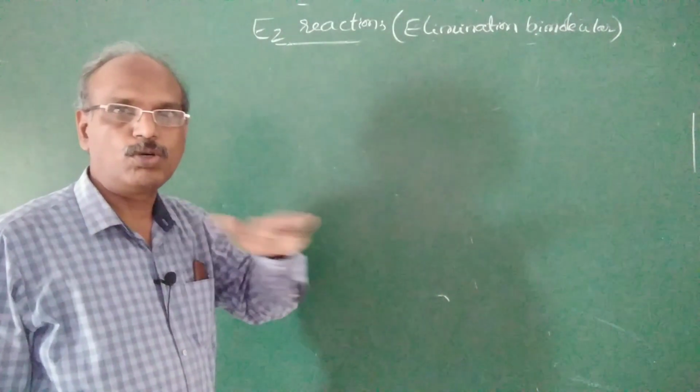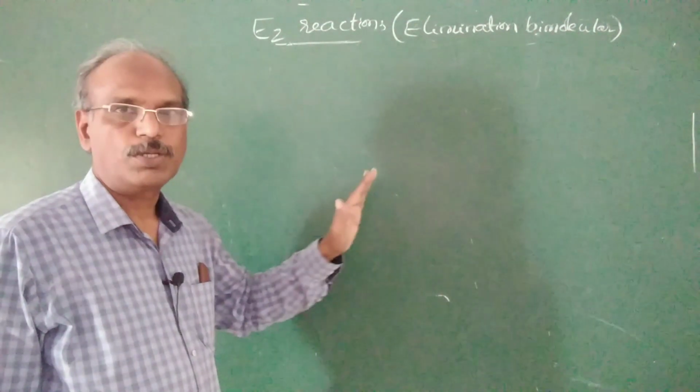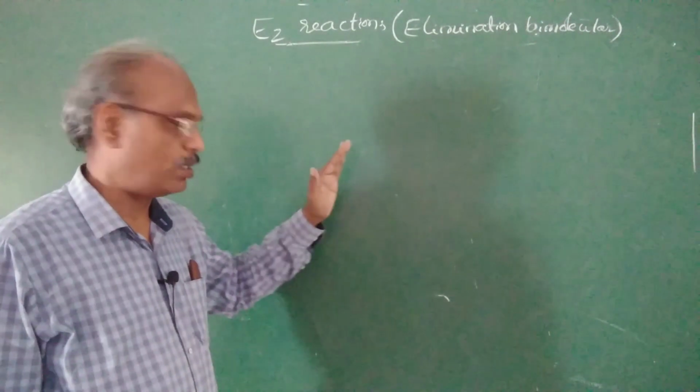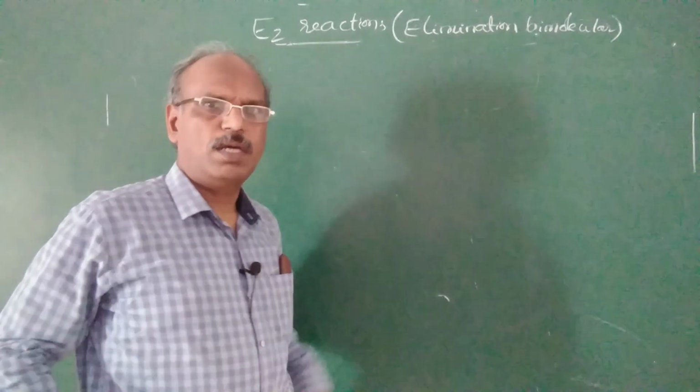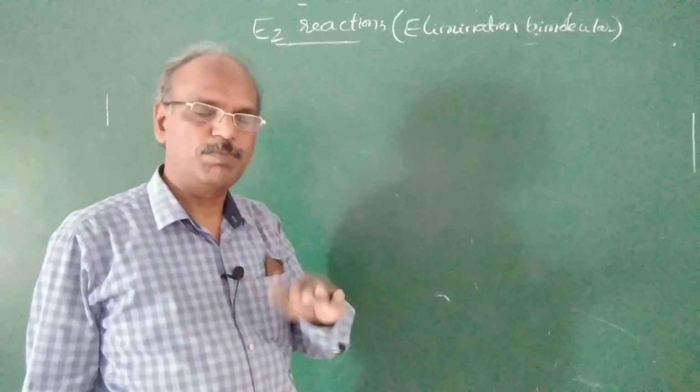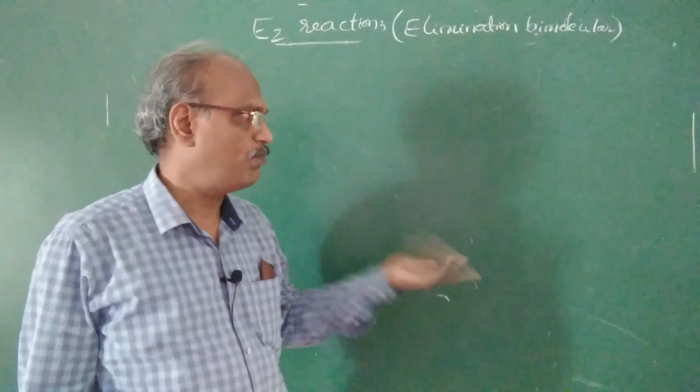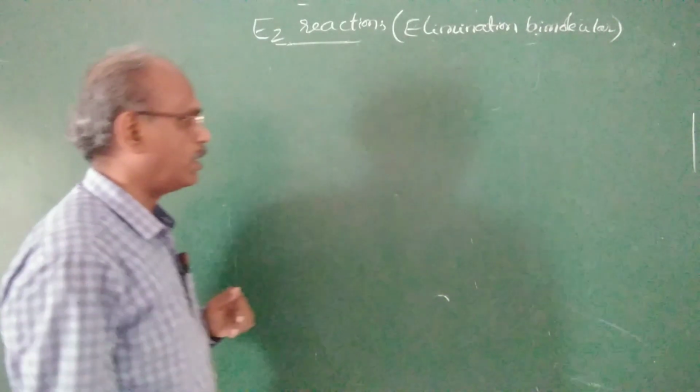If there is no coplanarity, no elimination, no E2 reaction. Elimination may happen in an anti manner or syn manner; that depends on the structure of the molecule. That is the necessary condition.